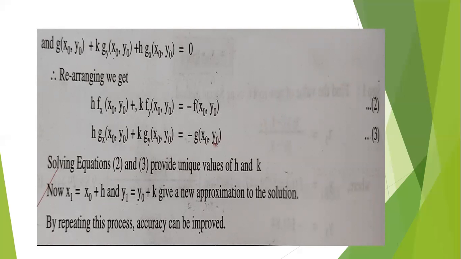Then rearranging that, h into fx at x0 comma y0 plus k into fy at x0 comma y0 is equal to minus f of x0 comma y0, and h into gx at x0 comma y0 plus k into gy at x0 comma y0 is equal to minus g of x0 comma y0.